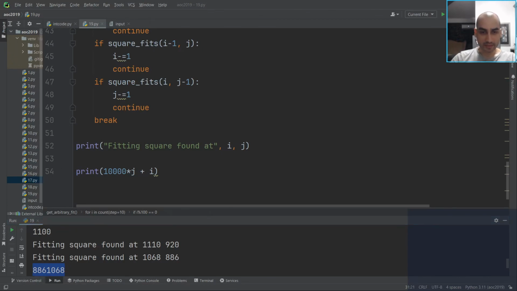Wait, what exactly are we minimizing here? I think I've not paid attention to that. It's not necessarily the point closest to the emitter. Oh. Yeah, but what do they mean by closest to the emitter?